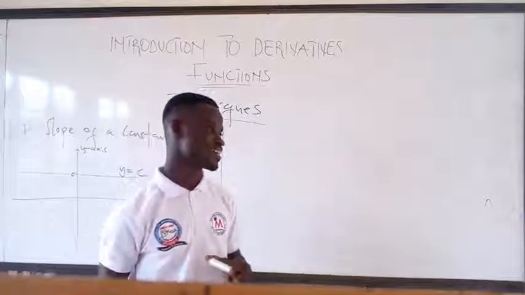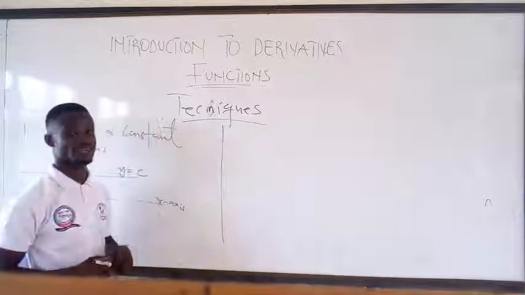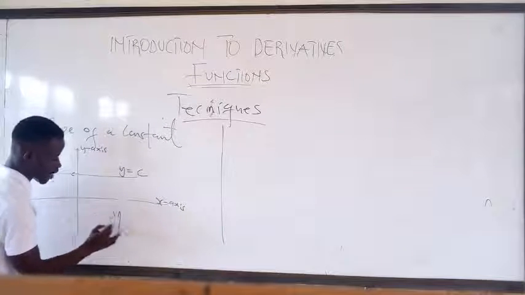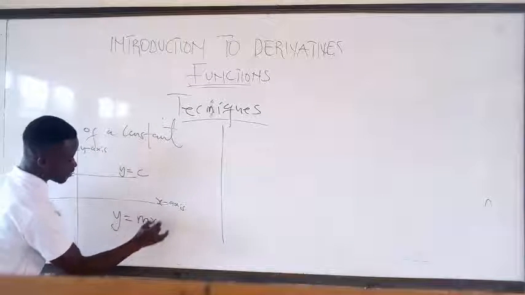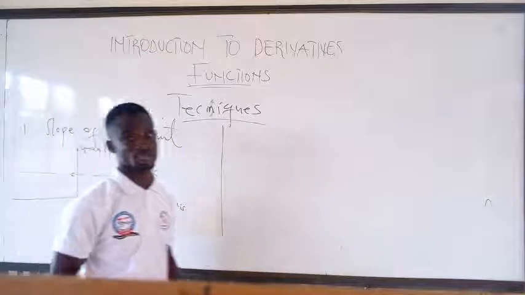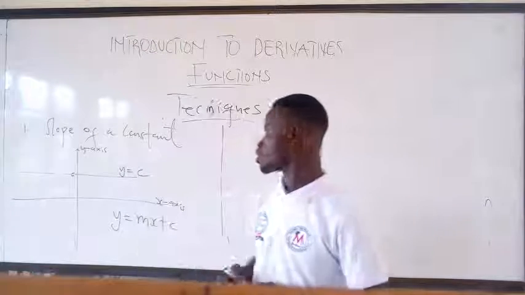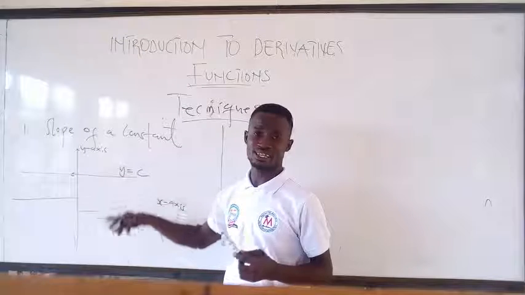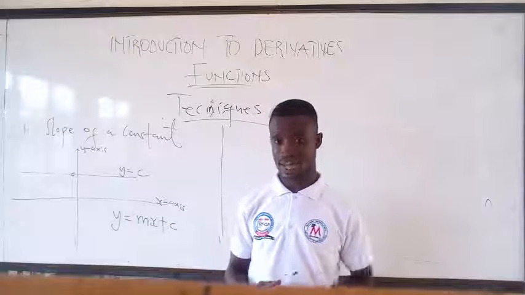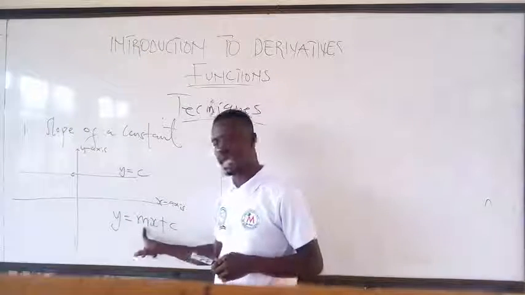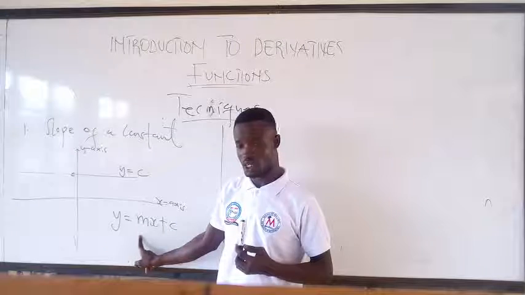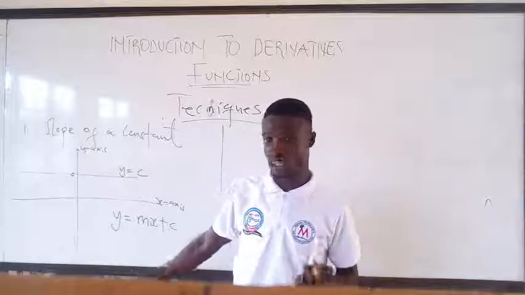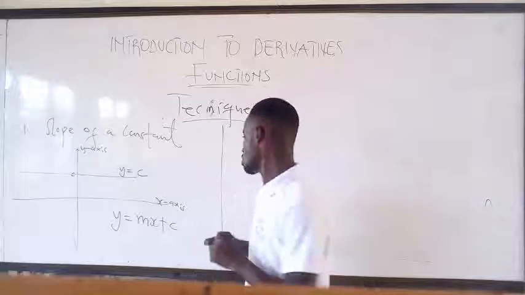Now, from the equation of a straight line, we can have y is equal to mx plus c. That is the equation of a straight line. So you having here y is equal to c means that the m here, which is the slope, and we know the slope is the same as dy/dx, is equal to 0.